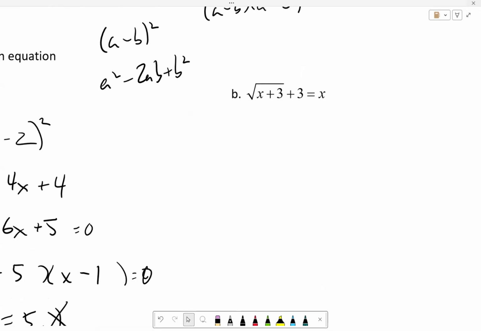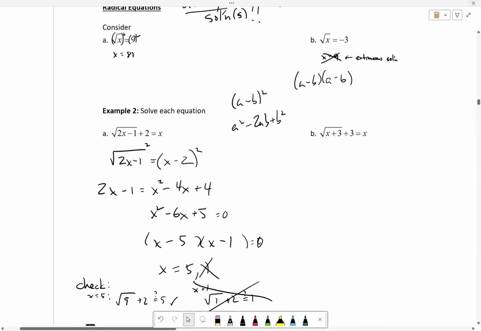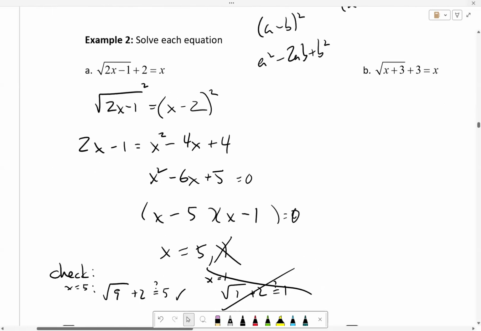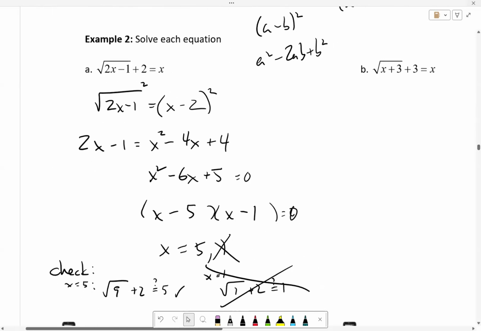Someone got it right. Check it. I took that 5 and plugged it in here, so that's 5 minus 1, which is where the 9 came from, plus 2 equals 5. I just put that in each side of the equation.